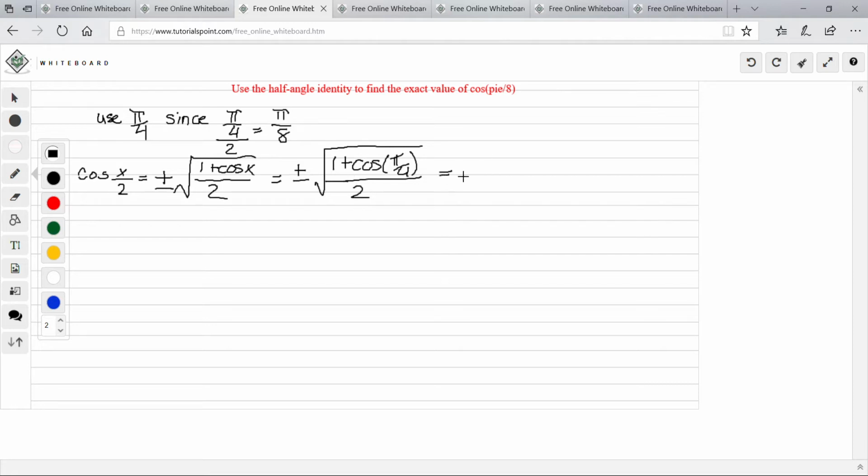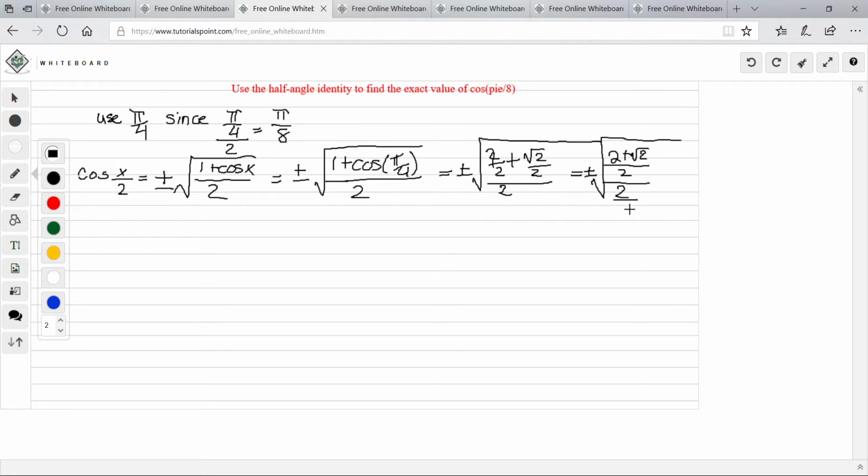So that equals plus or minus the square root, and the cosine of pi over 4 is square root 2 over 2, all over 2. And let's say 1, the same thing as 1 is 2 over 2, right? So we could say plus or minus, 2 plus square root of 2 over 2, and then divide that by 2.